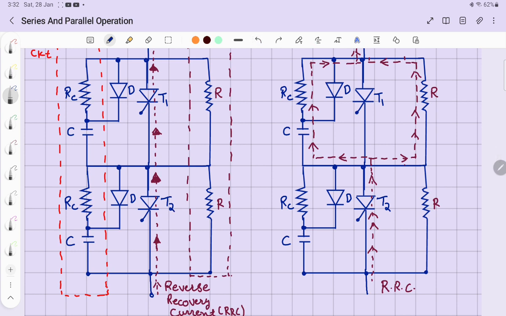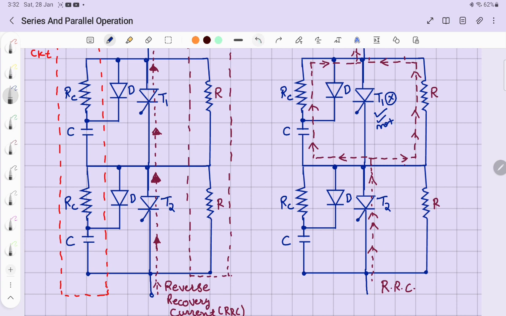But the moment, as I told you, T1 recovers first, it will not allow further current to flow. Not allowed, right?